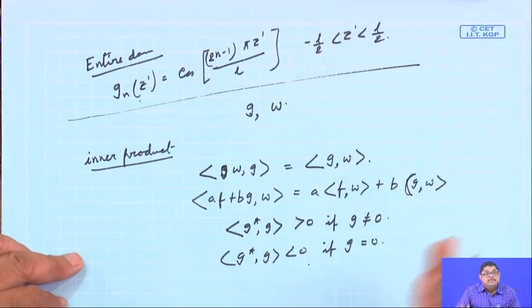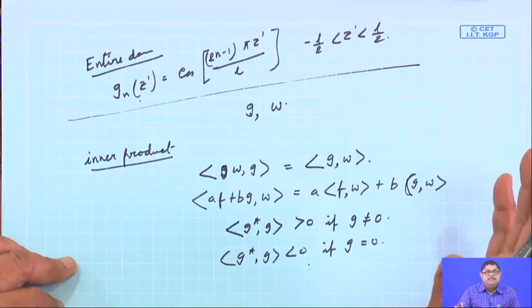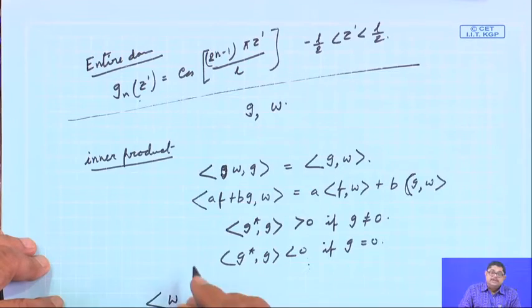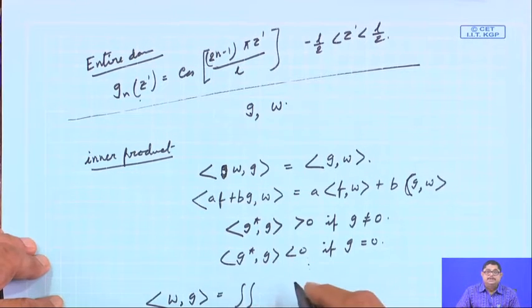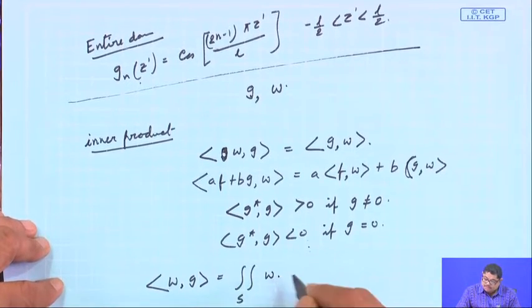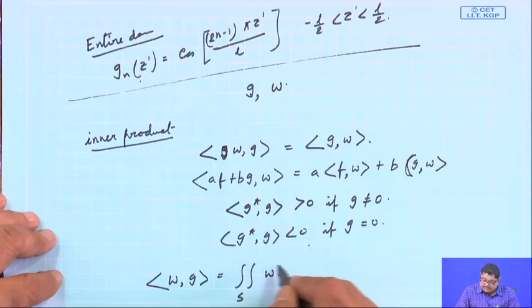You can have a simple multiplication of two functions, but more generally, a very good choice for electromagnetics is to integrate over the surface of the structure in which I am interested, and take the dot product, because these functions are generally vector functions.